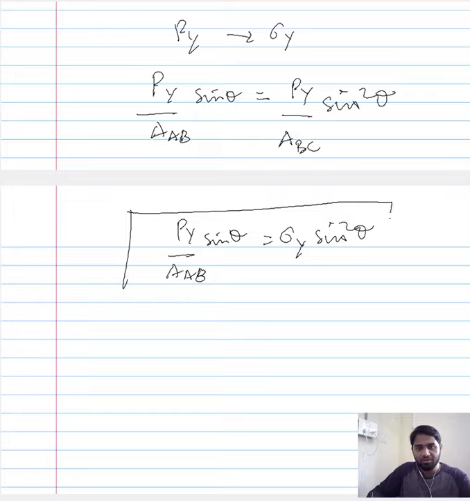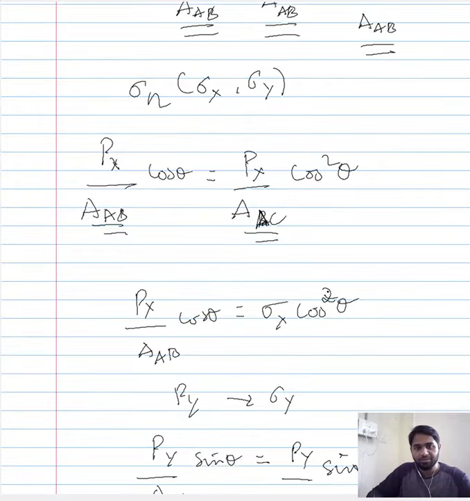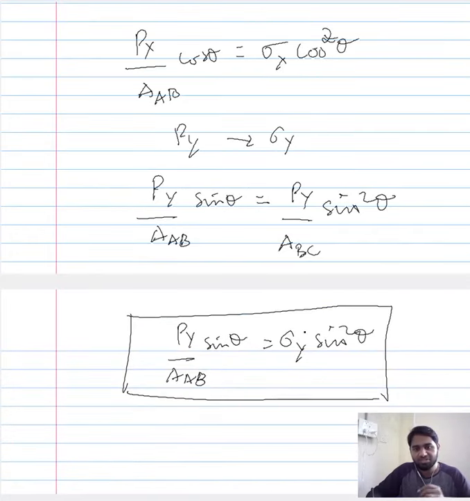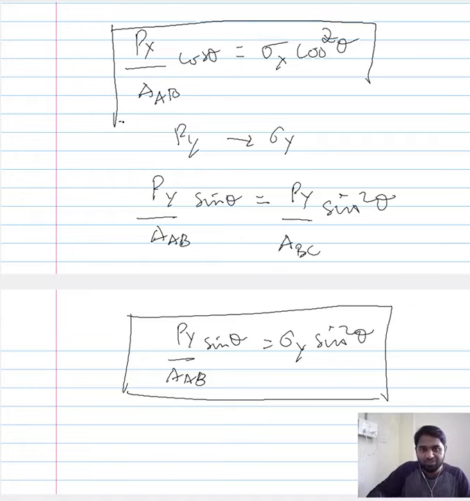This is one way you could represent one component of the normal stress, using the stress acting along the y direction. The other component of the normal stress, using the stress along the x direction, is of this form.